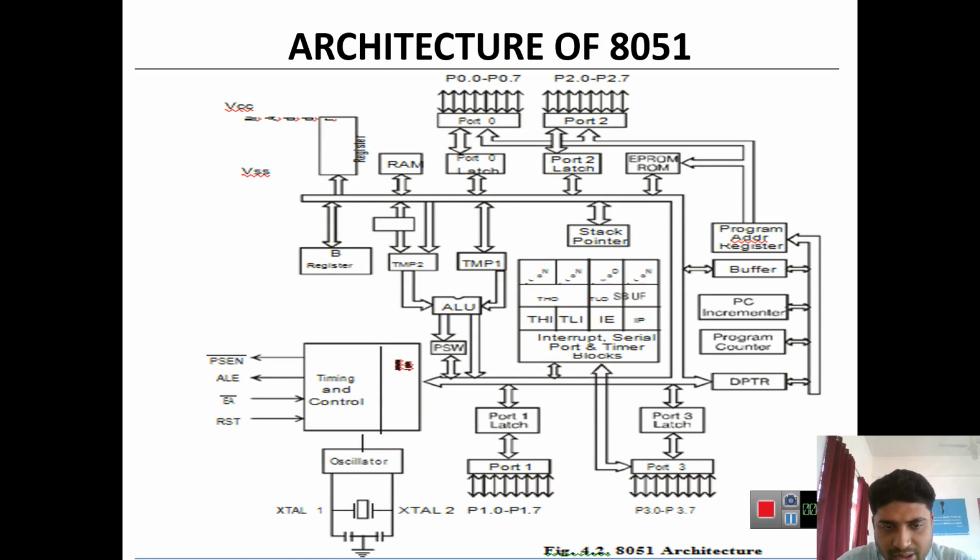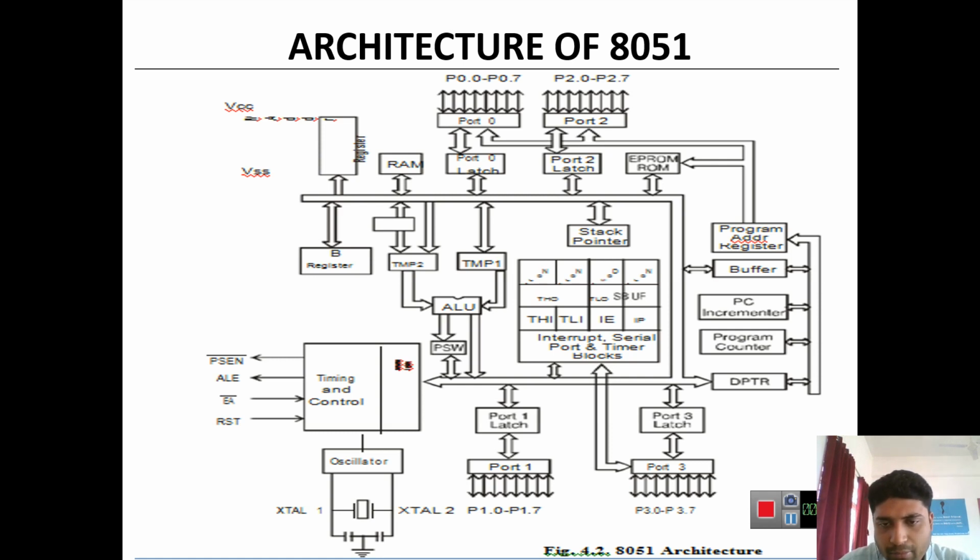In this we have seen the various ports. Here we have four ports: port 0, port 1, port 2 and port 3. These four ports are very important in the microcontroller. We have two latches, the port 0 latch and the port 2 latch. We have RAM and ROM memory, that is EEPROM, erasable programmable read-only memory. We have a register, the B register.